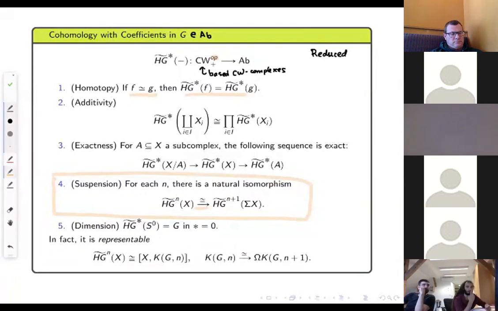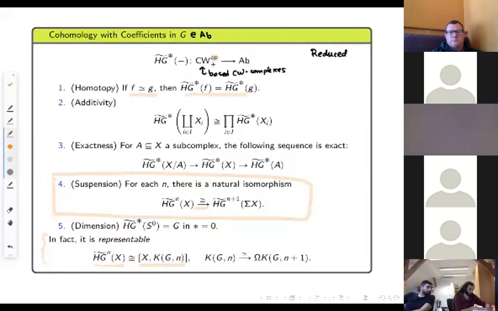So this suspension isomorphism is part of the data. Depending on the course you took, you might have seen that cohomology is actually a representable functor. You can describe the nth cohomology group of X by the based homotopy classes of maps from X into a space K(G,n).